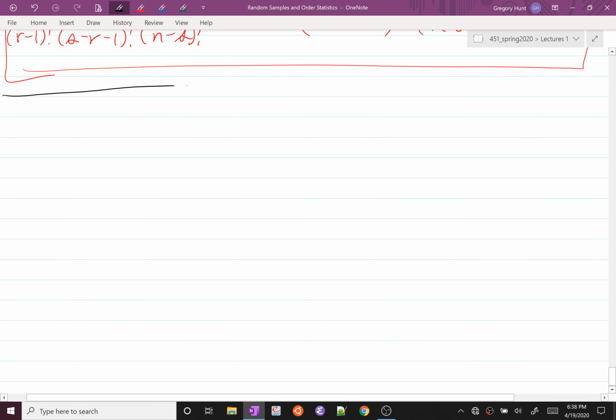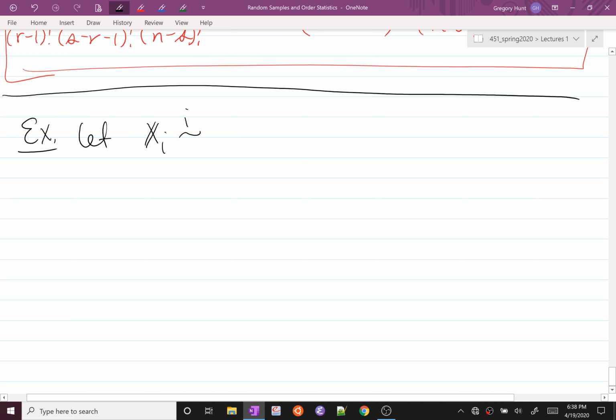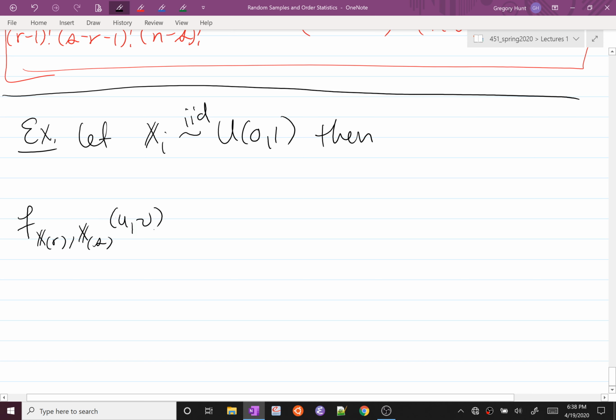Let's look at an example of how to use this. Here's a fun example that combines several things we've looked at. Let's assume that our random sample comes from a uniform 0, 1 distribution. Then if we want the joint distribution of x sub r and x sub s at values u and v, we can recall what our PDF and our CDF are.